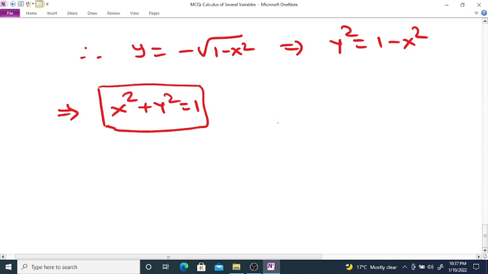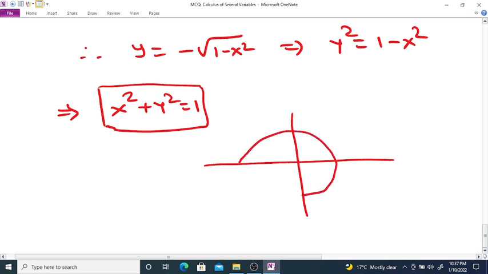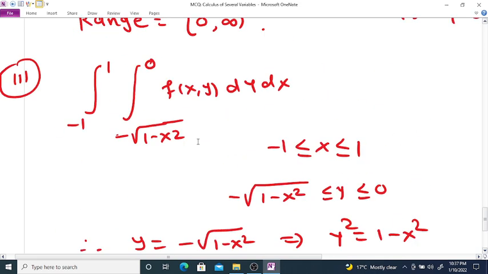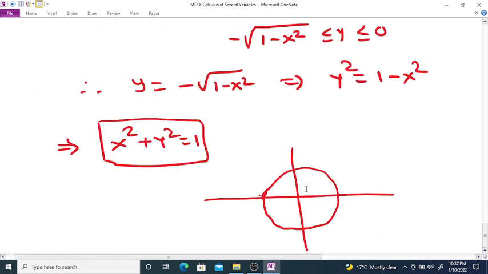So if we draw the circle, this is the circle. Since the limit of x is given from minus 1 to plus 1, maybe it will cover the entire region, or the second choice is that it may be above the x axis, or our region may be below the x axis.